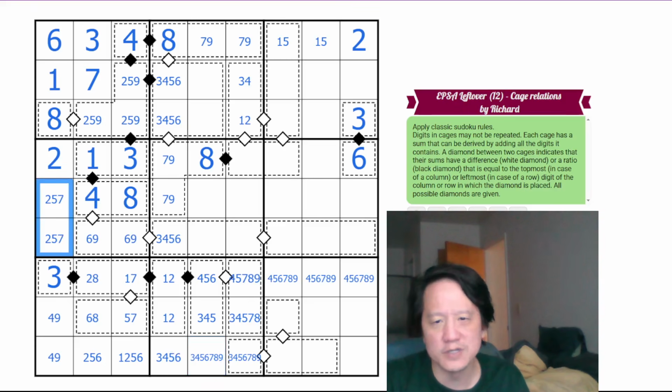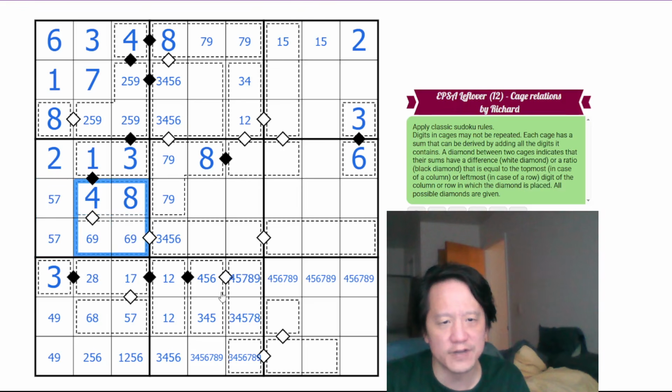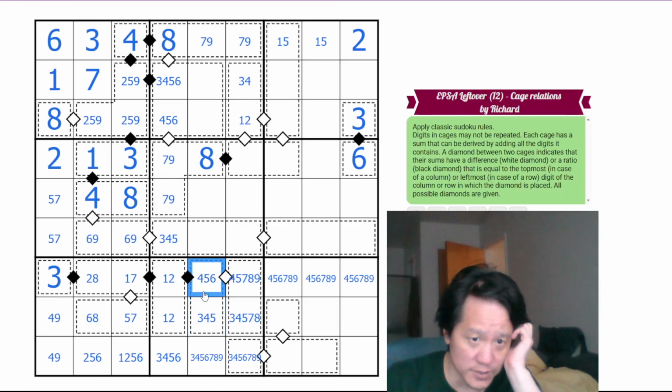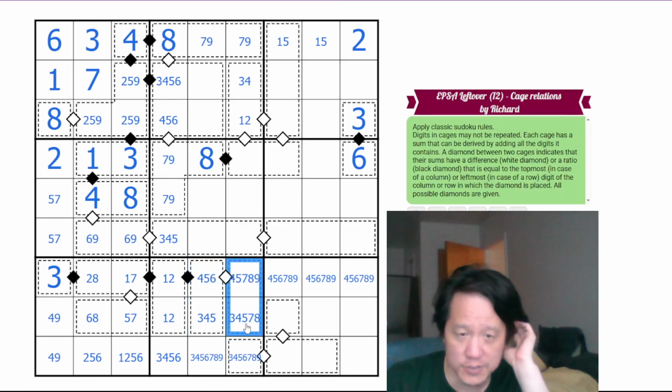This is still the same because this is not affected by any of these digits here. 3 eliminates 3 here. No 6 here. If this is not 3, 6, this is 4, 5, which would force this to be 3 and 9.